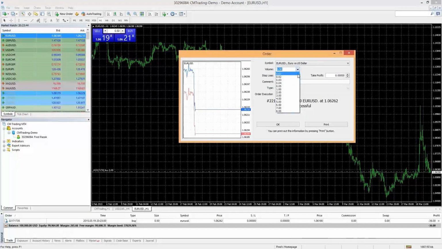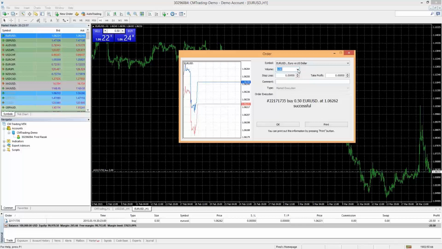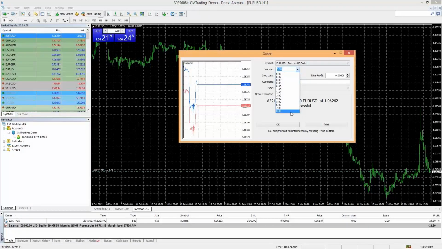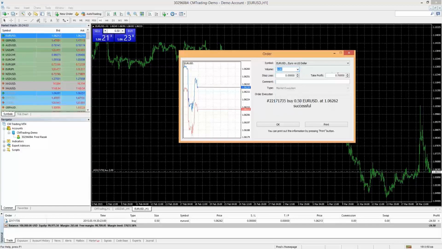So if you're trading Forex symbols, 0.01 equals $1,000. One lot equals $100,000. So that'll give you the perspective of trading. The most you could purchase at one time is 8 lots. That would be $800,000.